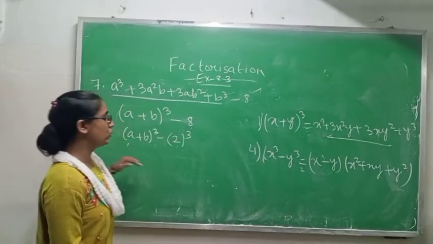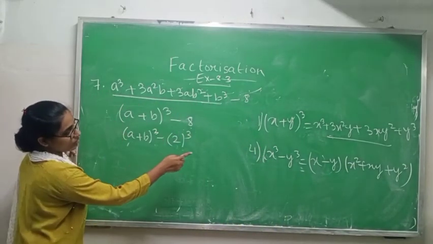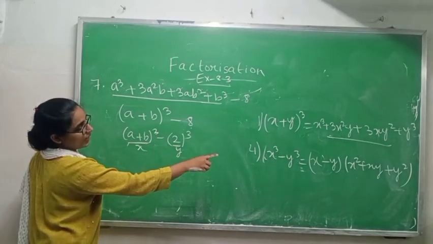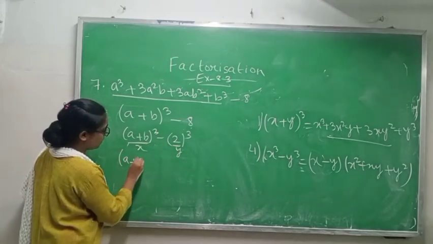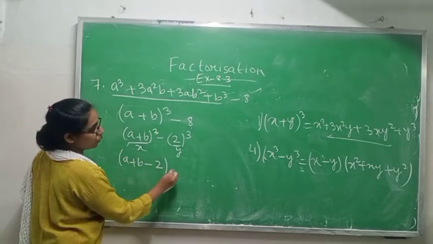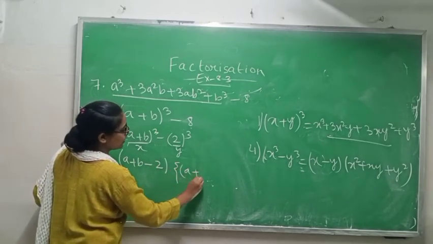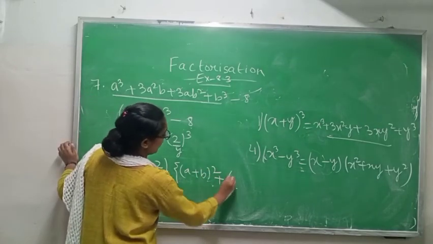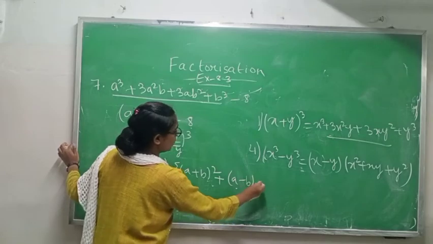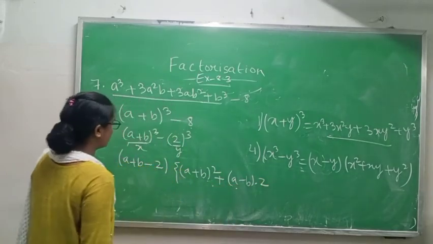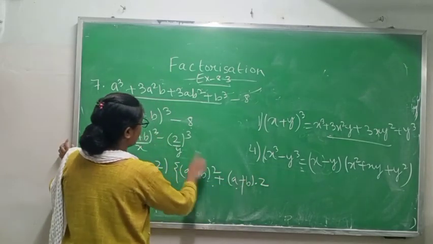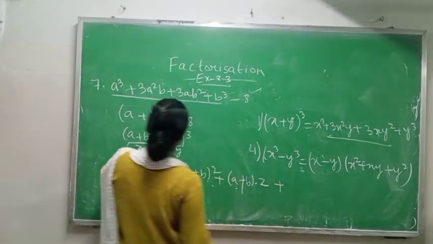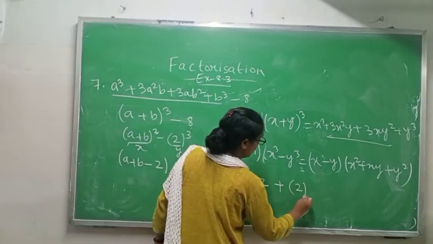The same formula we will use here. Here this one is x and this one is y. The formula is x minus y, meaning a plus b minus 2. Then you have x square, meaning a plus b whole square, because x is a plus b, plus xy. xy means a plus b into 2, because x is a plus b and y is 2. Then plus y square. Plus y square means 2 square.